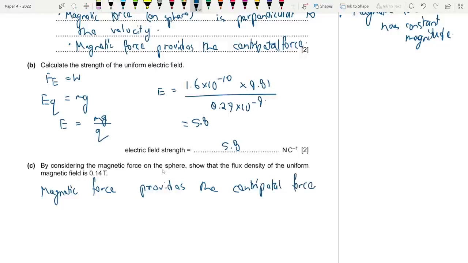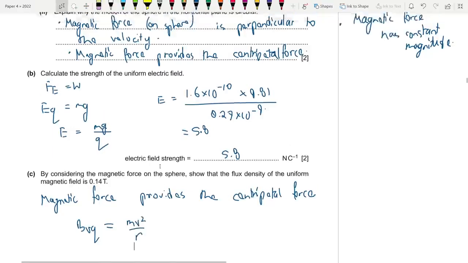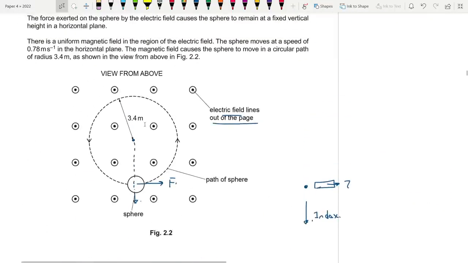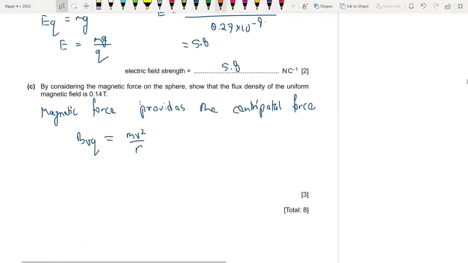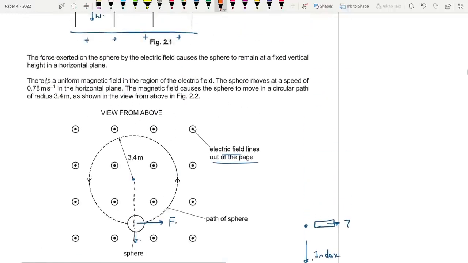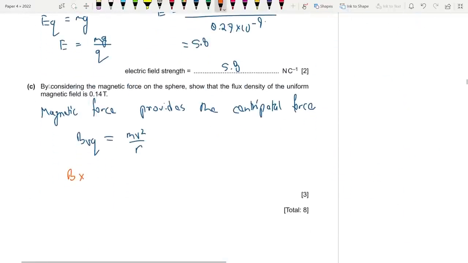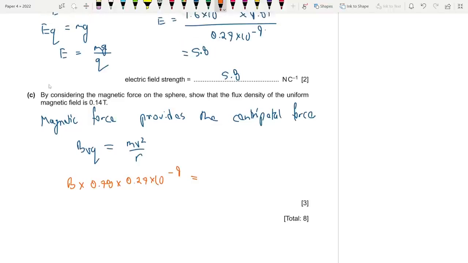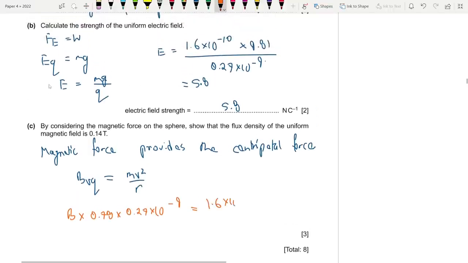So we know that the magnetic force for a charged particle is BVQ, and the centripetal force is mv squared by r, don't we? Now we know that the radius is 3.4. So let's go for it. B times, do we know the velocity? Yeah, we do. 0.78. Okay, so B × 0.78 × the charge, which is 0.27 × 10^-9, is equal to the mass, which is 1.6 × 10^-10.